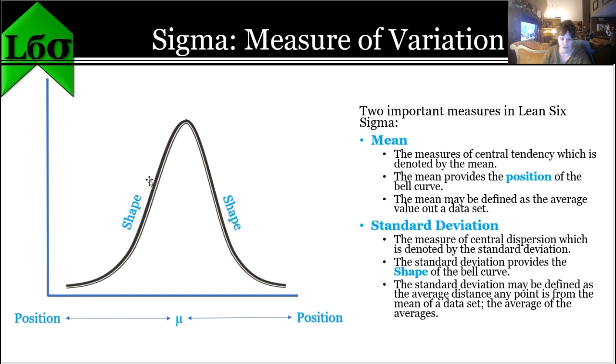If it was a low-shaped curve, then that means there are outliers in your data set pulling the distribution out further than is normal. Then to a certain degree, it would become a non-normal distribution. The standard deviation may be defined as the average distance any point is from the mean of a data set. The average of the averages.